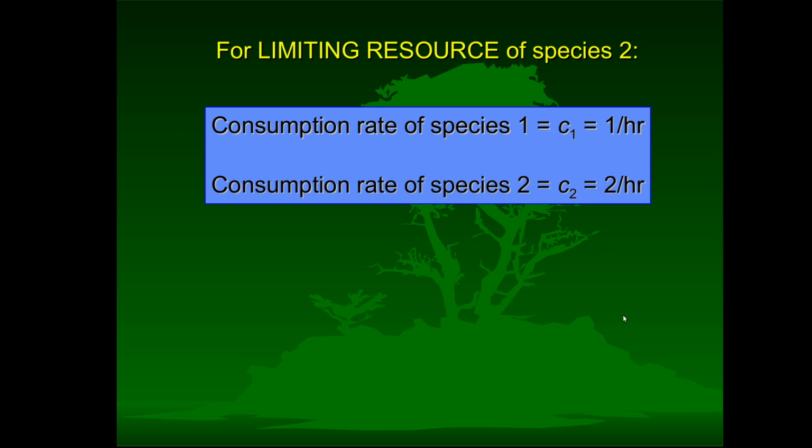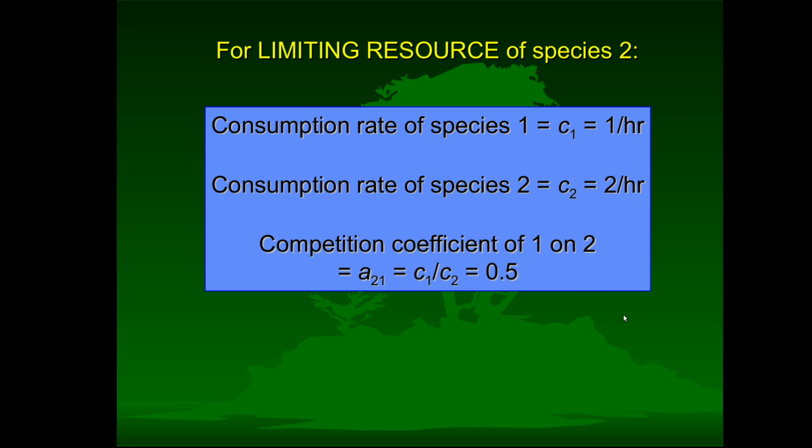This is symbolized by A21. A21 is easy to remember. The first numerical subscript, 2, represents the species whose limiting resource we're talking about. The second subscript, 1, tells us the species that is competing against the first by consuming its resource. So A21, the competition coefficient of species 1 on species 2, is the relative consumption rate of species 2's limiting resource by species 1. Okay.